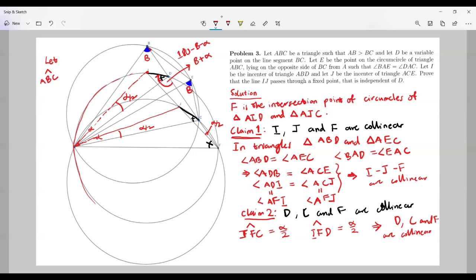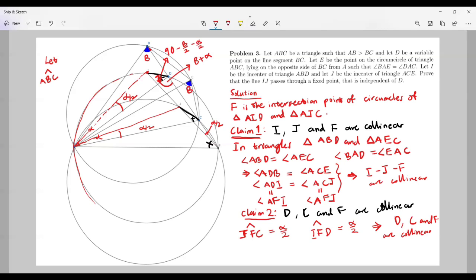So this angle here is going to be half of this. So we get that. Let me just quickly write it. This angle here is going to be 90 minus B over 2 minus alpha over 2.